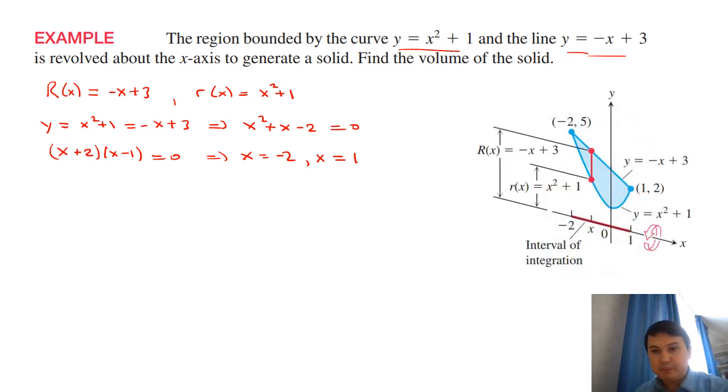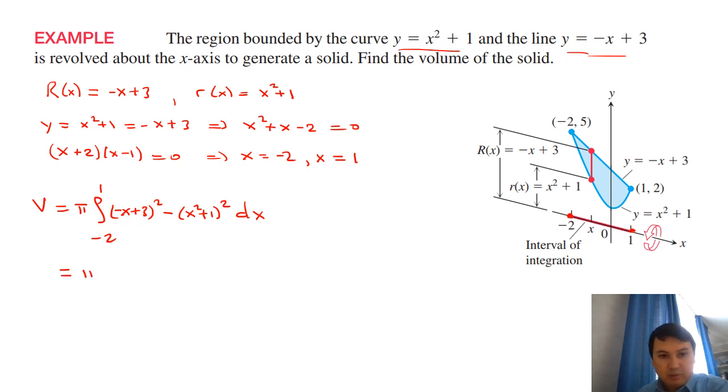Hence the volume is going to be the integral from minus 2 to 1. I can take out pi if I like, and here I get capital R squared, which is (minus x plus 3) squared, minus little r squared, which is (x squared plus 1) squared, multiplied by the thickness dx, and integrate.